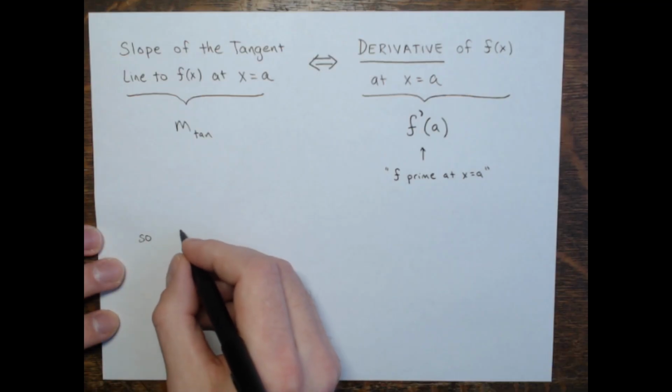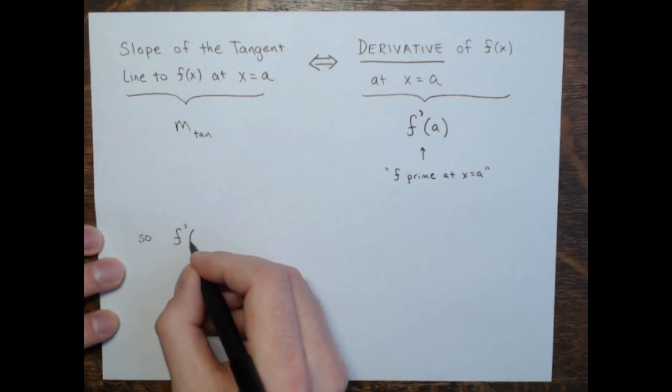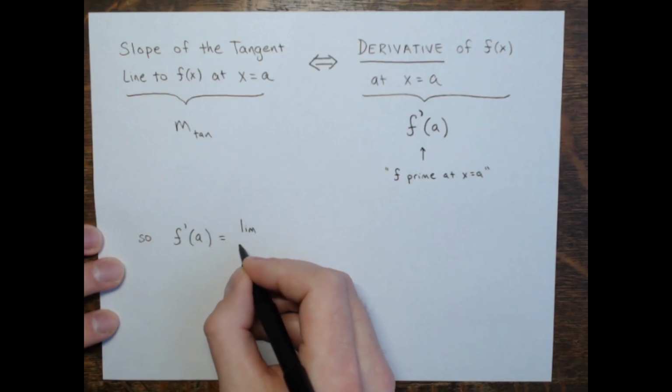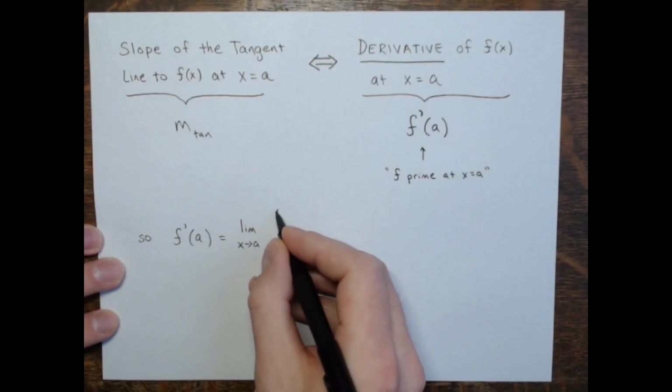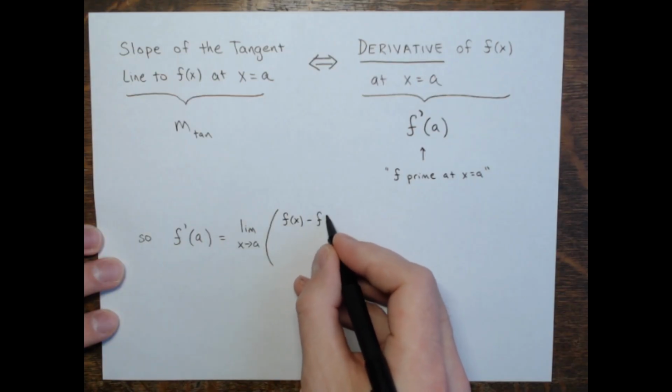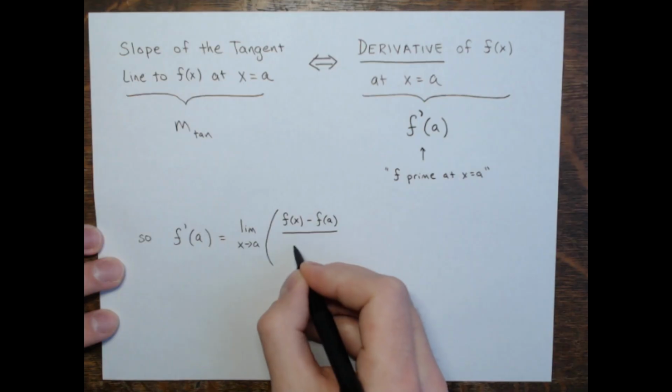So you could say that f prime at a is the limit as x approaches a of f of x minus f of a divided by x minus a.